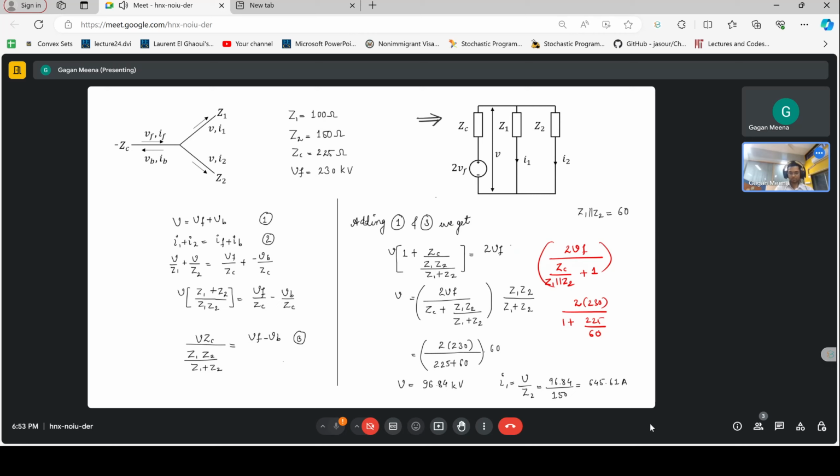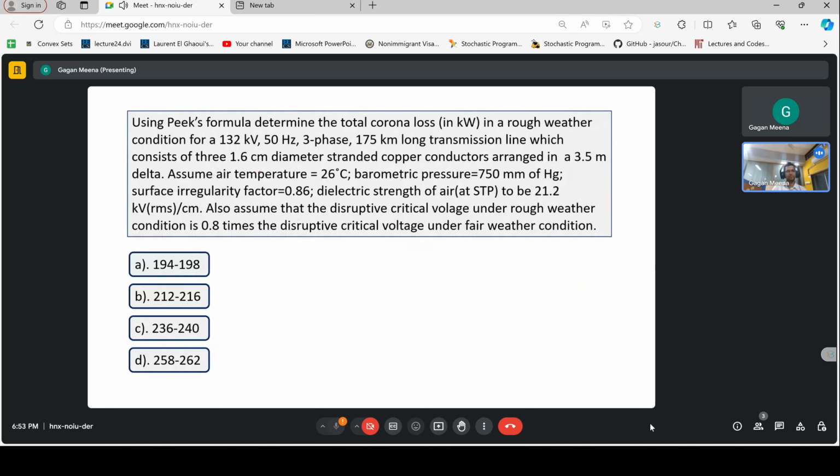So next is on corona. We need to find out the total corona loss using Peek's formula in rough weather condition for a 132 kV, 50 Hz, 3-phase, 175 km long transmission line consisting of three 1.6 cm diameter standard copper conductors arranged in a 3.5 meter delta.